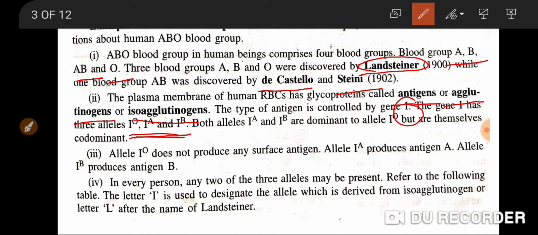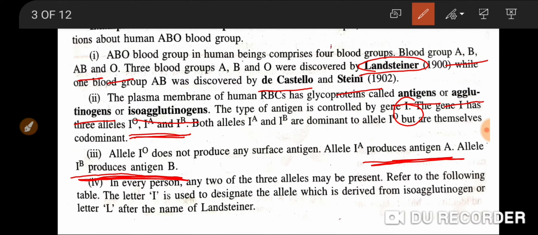While IO is the recessive allele and is not able to express itself in the presence of IA or IB. The allele IA will produce an antigen called antigen A, while IB will produce antigen B. But the allele IO does not produce any surface antigen, that is neither A antigen nor B antigen.